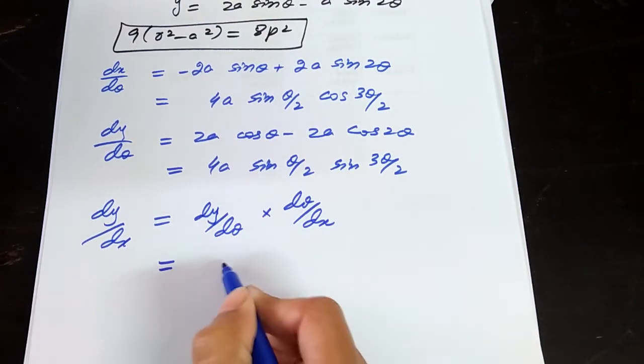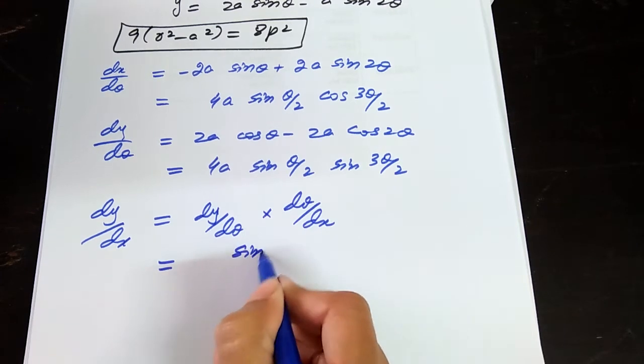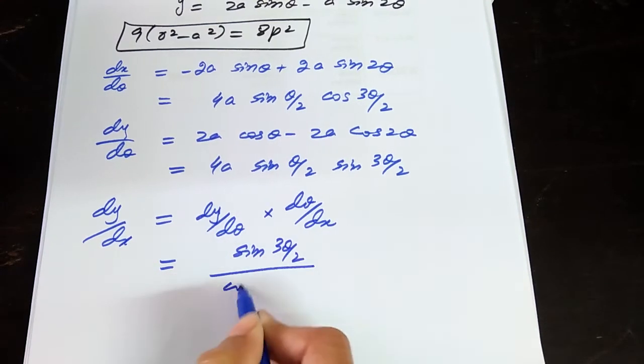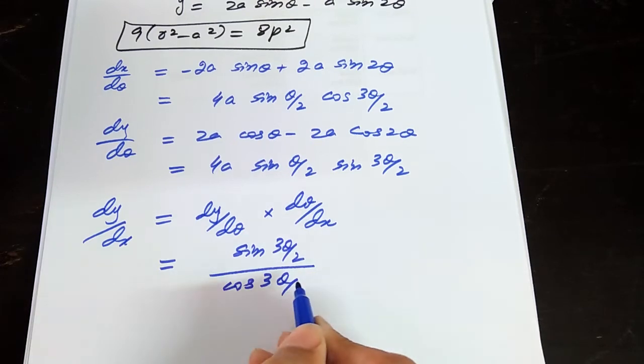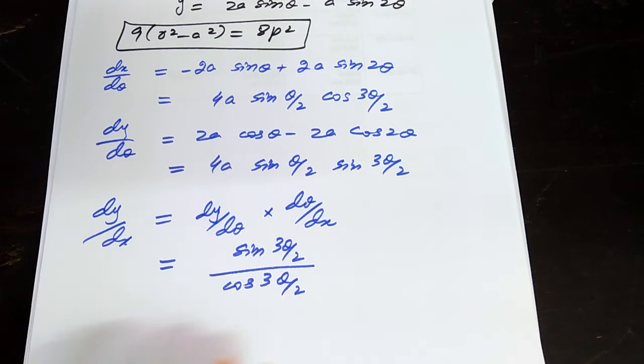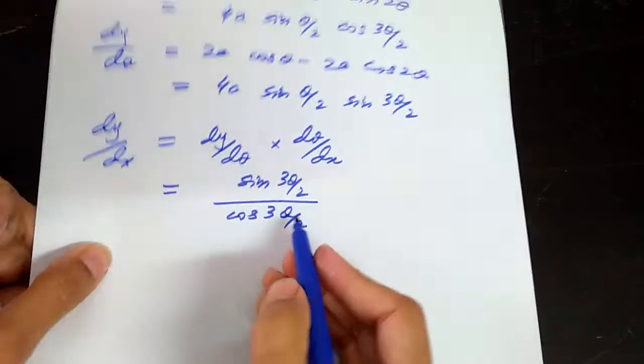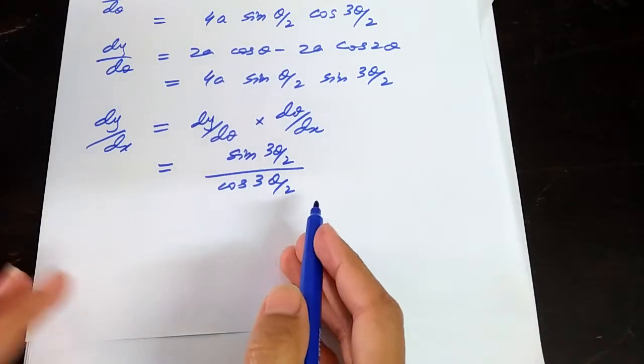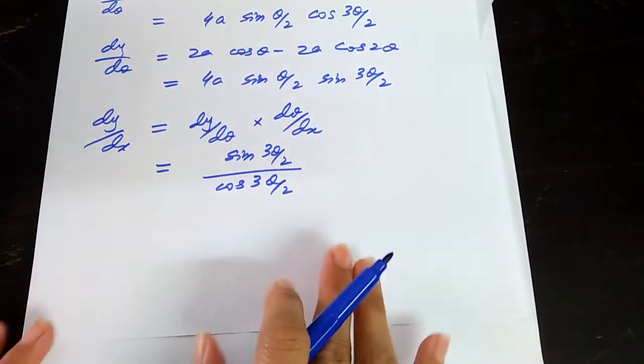Using the values here, I will get sine 3 theta by 2 divided by cos 3 theta by 2. And after division, I will get tangent 3 theta by 2. You can convert it to tangent 3 theta by 2 or just leave it as it is.